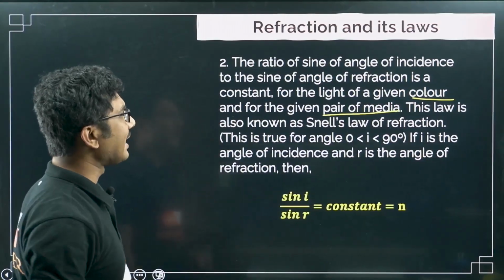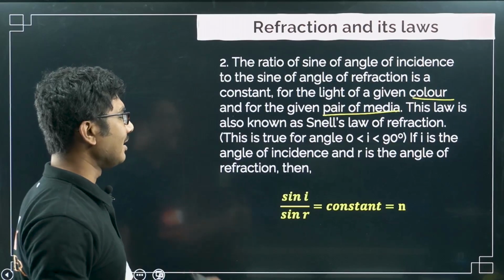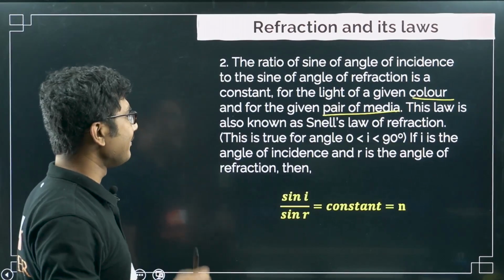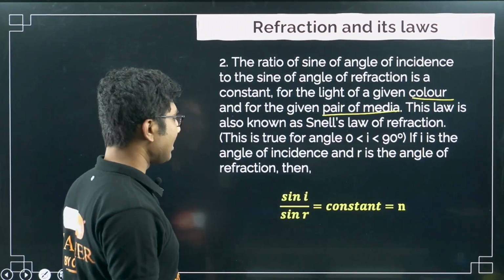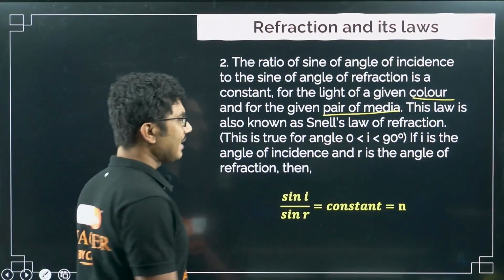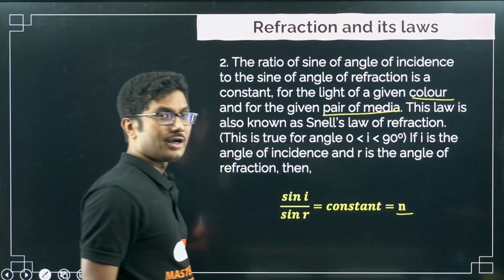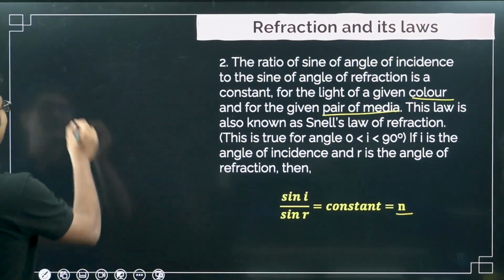This is true for angle 0 less than i less than 90 degrees. If i is the angle of incidence and r is the angle of refraction, then sin i by sin r equals a constant, and this is given by n. n is called the refractive index. So what is the meaning of that?